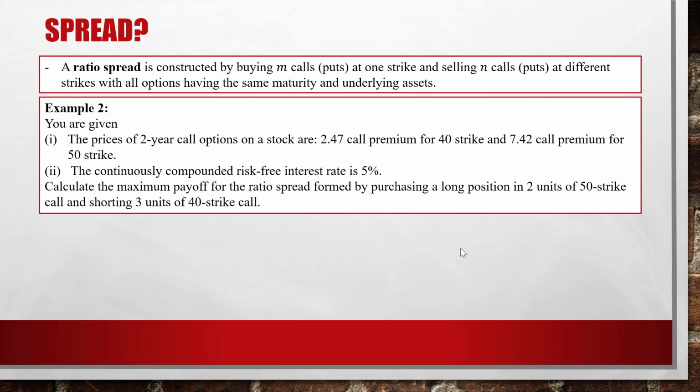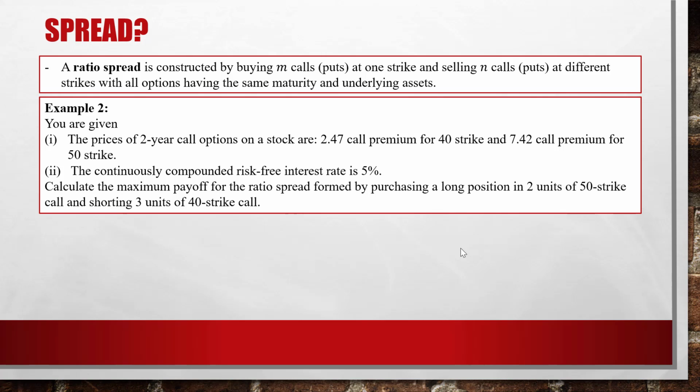Alright, so now example 2. You are given that the prices of 2-year call options on a stock are 2.47 call premium for the 40 strike and 7.42 call premium for the 50 strike. The continuously compounded risk-free interest rate is 5%.